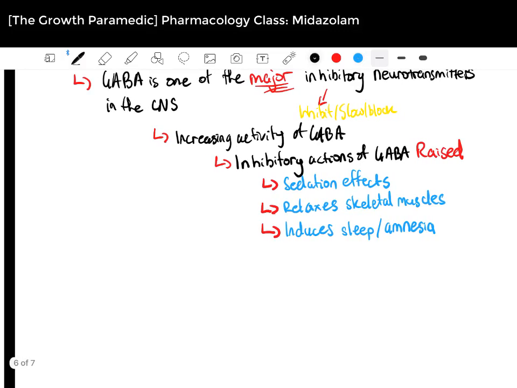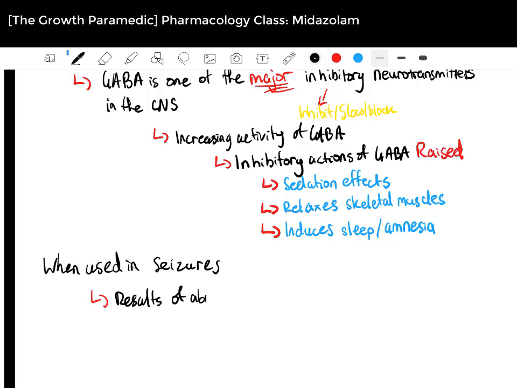So when used in seizures, we know seizures are results of abnormal, disorganized, and unregulated neurodischarge.